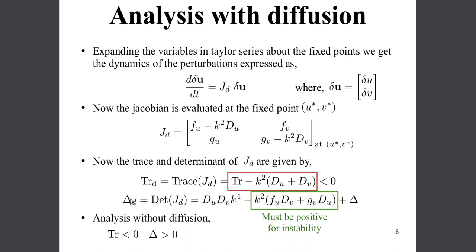So in order to make this delta D negative, we must have this green part positive, then its magnitude can dominate over the other two terms, and it can be negative, then in total this delta D can be negative. So now this will be our necessary condition, because if it is positive, then it may not dominate over other two terms, and it may not lead to some instability.